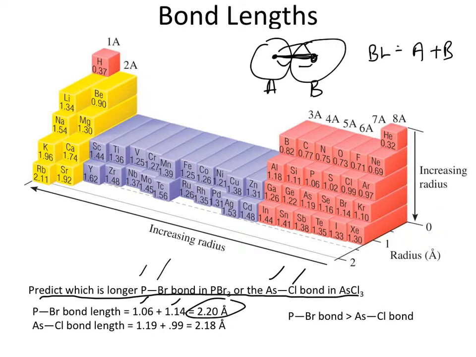This gives you a value of 2.20. Same thing for your arsenic and chlorine bonds, or radii, excuse me. You sum them together. And what we can see here is from this calculation, the PBr bonds are going to be slightly longer than the arsenic chlorine bonds.